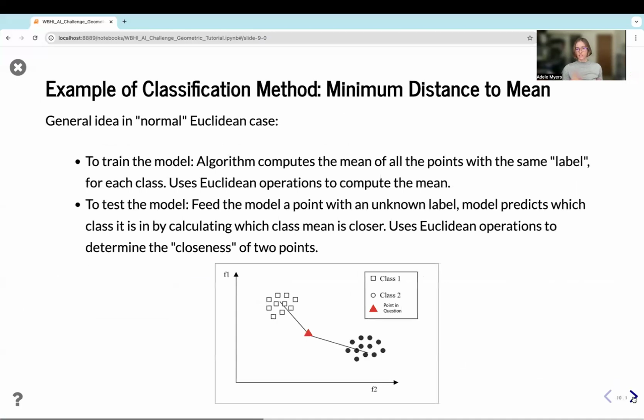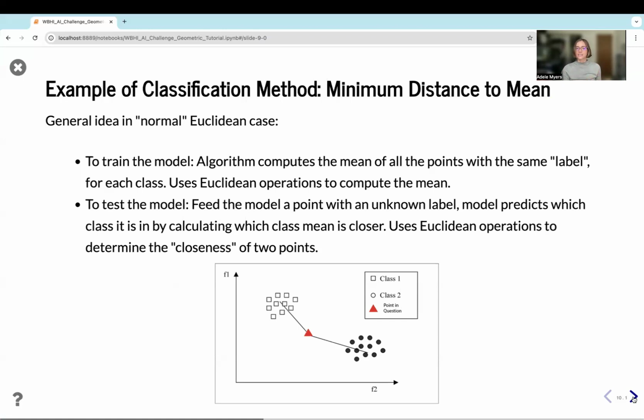The model we're going to use is a classification method called minimum distance to mean. We're going to first describe what that is in the normal Euclidean case. To train the model, the algorithm computes the mean of all the points with the same label for each class. So in our case, the algorithm would compute the mean of all the schizophrenic connectomes and the mean of all the healthy connectomes.